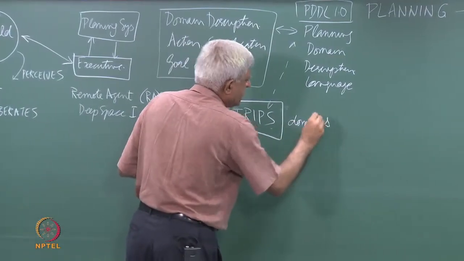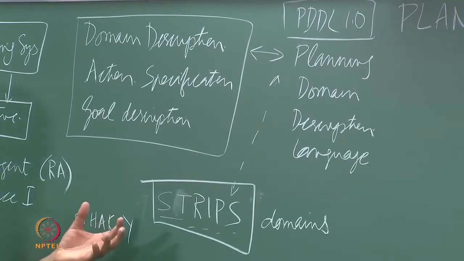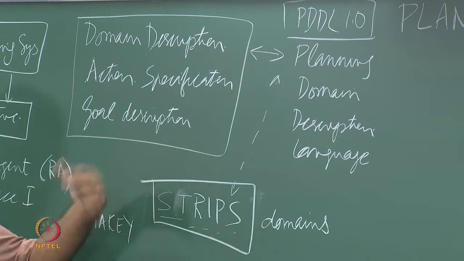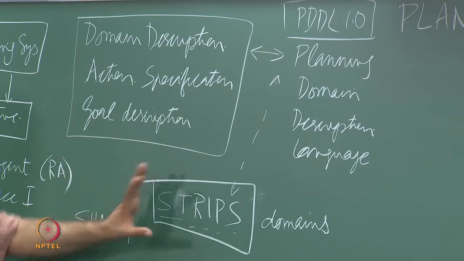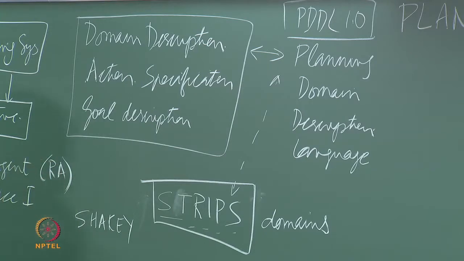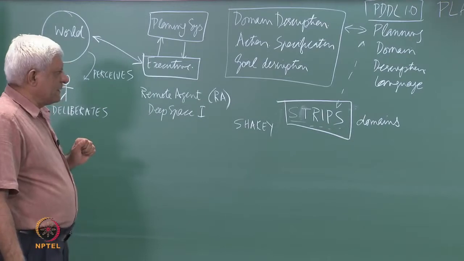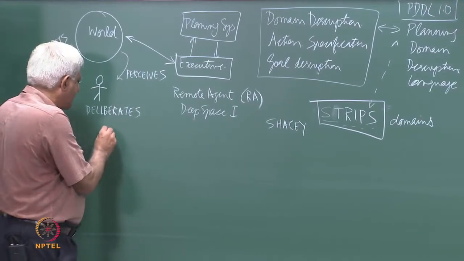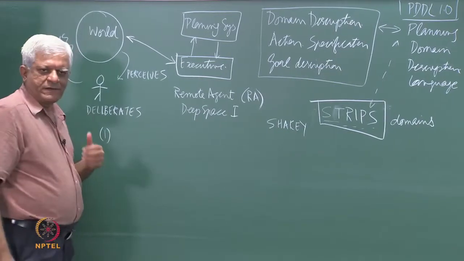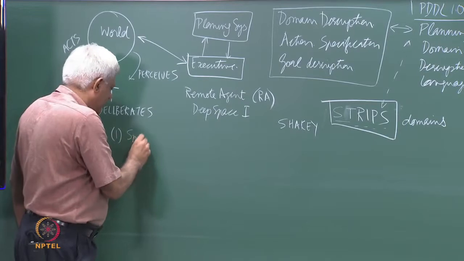So, we are describing STRIPS domains now. It is a term that has become common to use for the simplest kind of planning domains. We call them STRIPS domains, because that is what the STRIPS planner used essentially, and I will describe them in a short while. So, these are the simplifying assumptions that we use. One is that the space is finite.